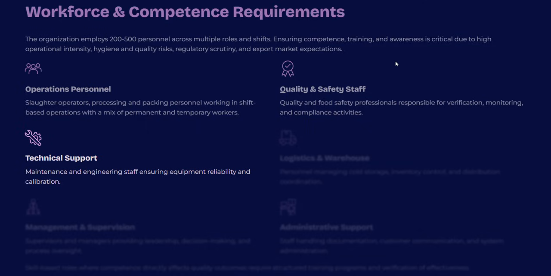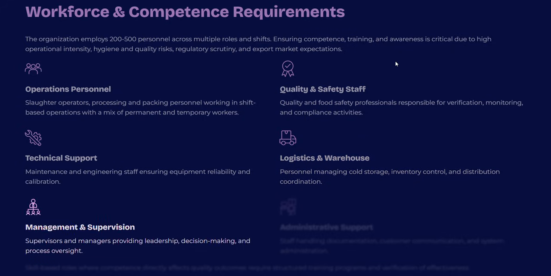We have technical support, maintenance and engineering staff ensuring equipment reliability and calibration. We have logistics and warehouse personnel managing cold storage, inventory control, and distribution coordination. We have management and support, supervisors and managers providing leadership, decision making, and process oversight.